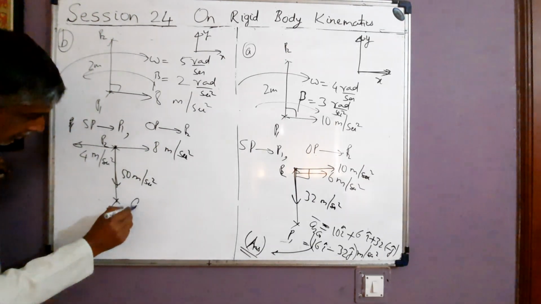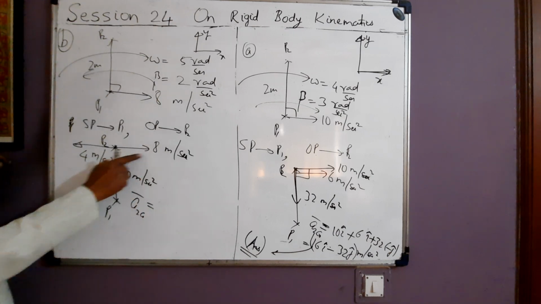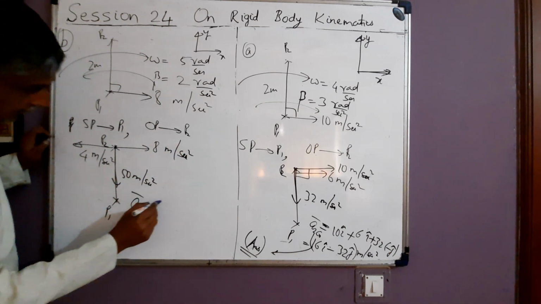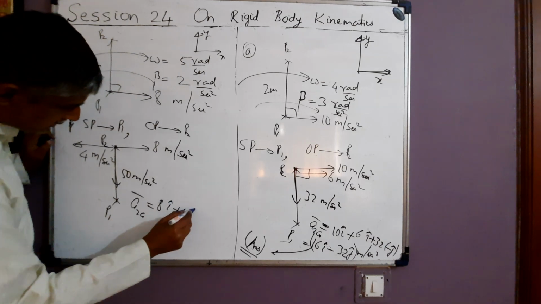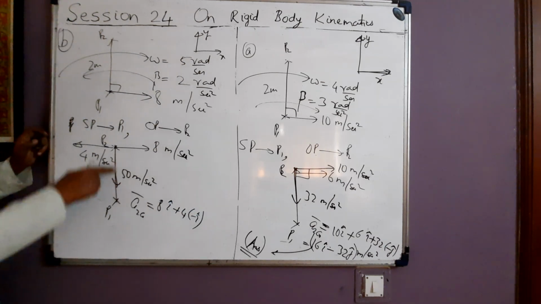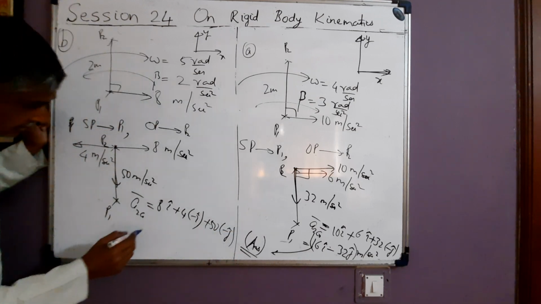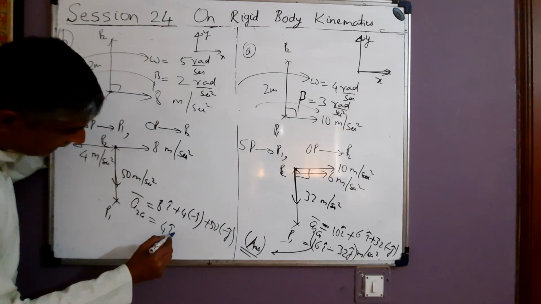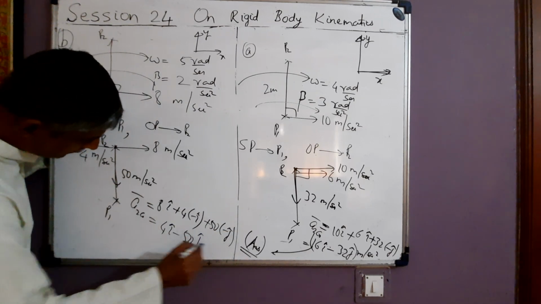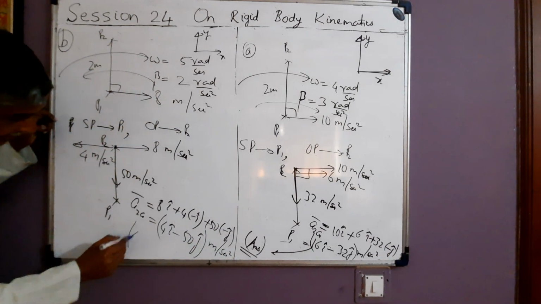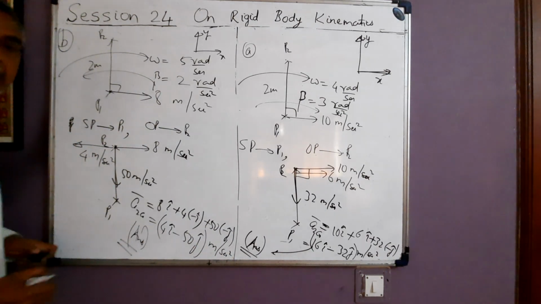So A2G becomes 8 i hat plus 4 times minus i hat, and 50 into minus j hat. So this becomes 4 i hat minus 50 j hat meter per second square. This is therefore the required answer.